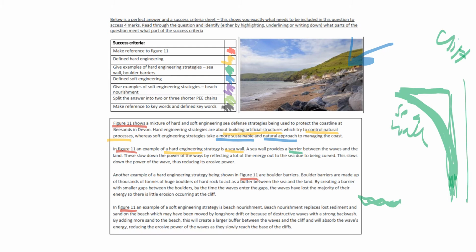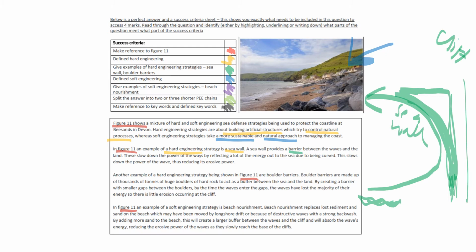Okay. These slow down the power of the waves by reflecting a lot of the energy out to the sea due to it being curved. So I'm still kind of describing what a seawall is. So when the waves come in, they'll basically hit against the seawall and then they'll get thrown back out into the sea.